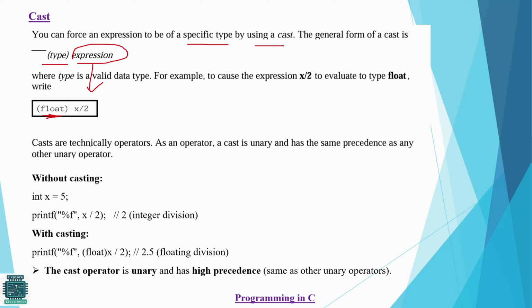Casts are technically operators. As an operator, a cast is unary and has the same precedence as other unary operators. Here an example is given without casting and with casting. See, floating division and integer division. I am using casting here. The cast operator is unary and has high precedence.